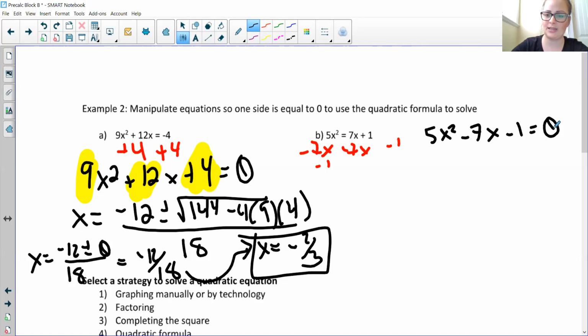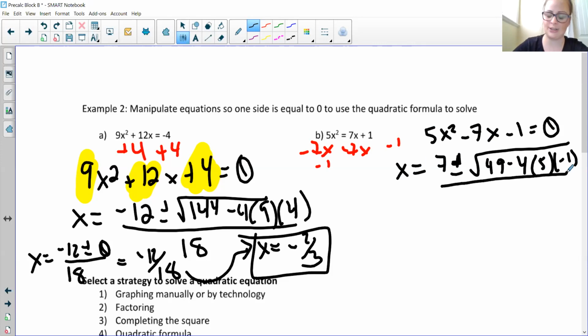That means if I'm putting it in, my x will equal negative b. So negative 7 is positive 7, plus or minus the square root of negative 7 squared, which is 49, minus 4 times a, which is 5, times c, which is negative 1, over 2 times a, which is 10. Okay, so I'm going to then simplify.